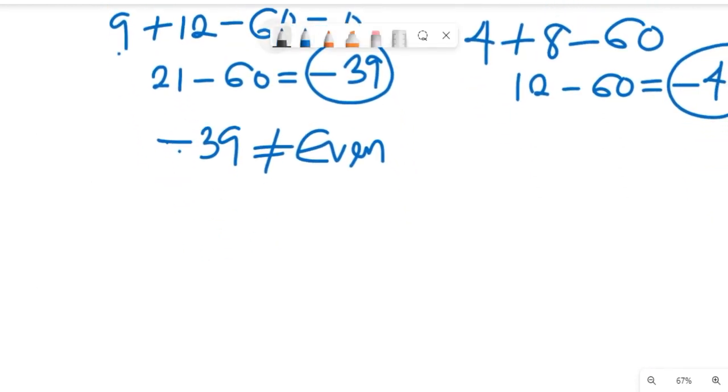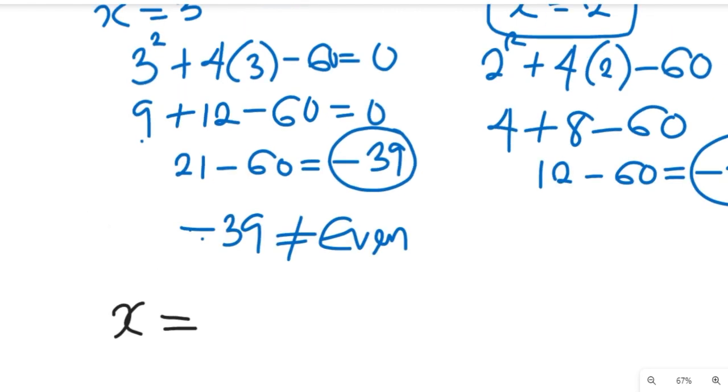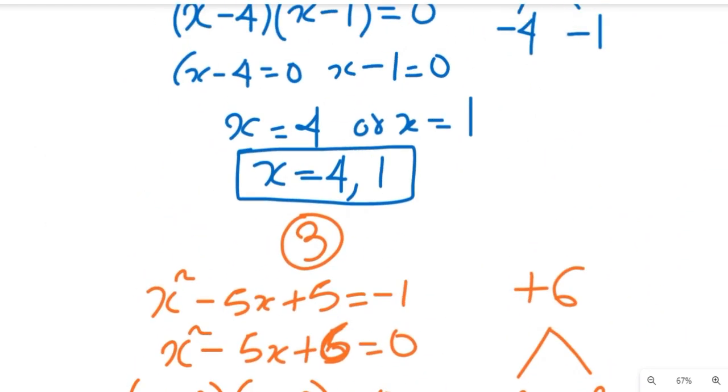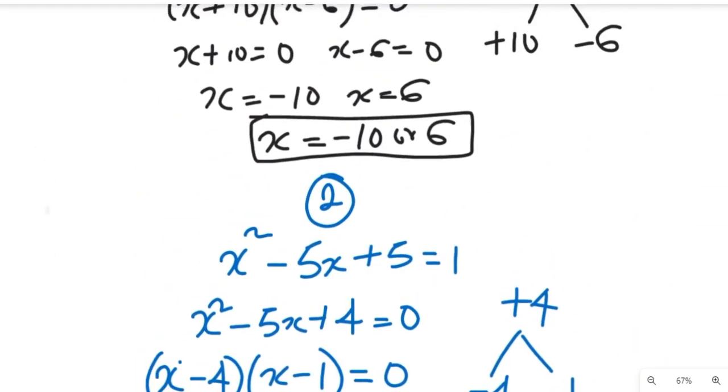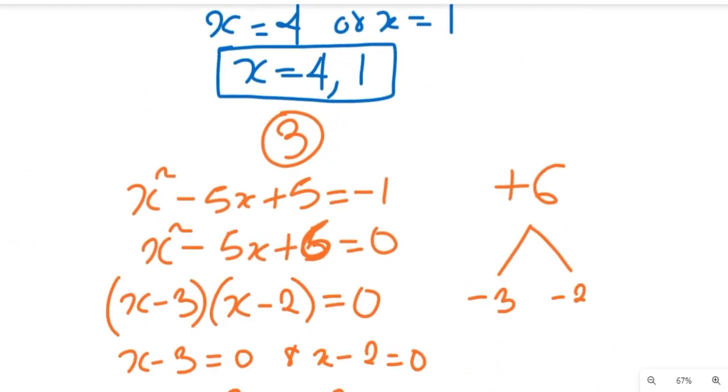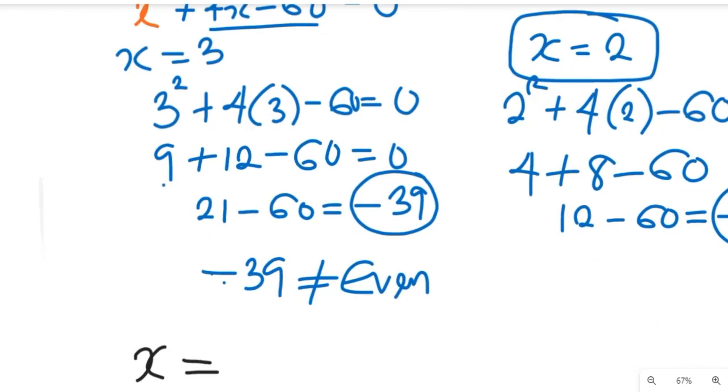And what are the whole values for x to satisfy that quadratic exponential equation? Remember we had the first solutions, which are minus 10 and 6, 4 and 1, and then 2.